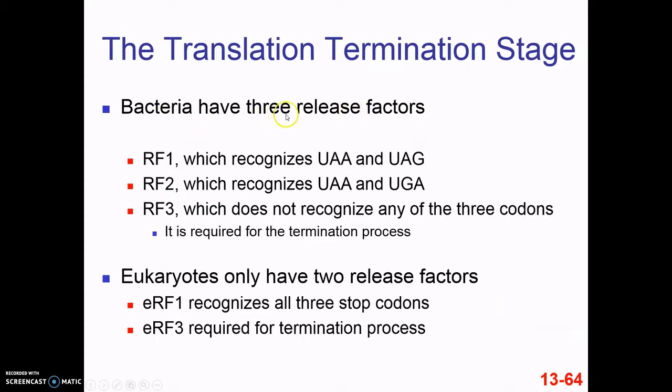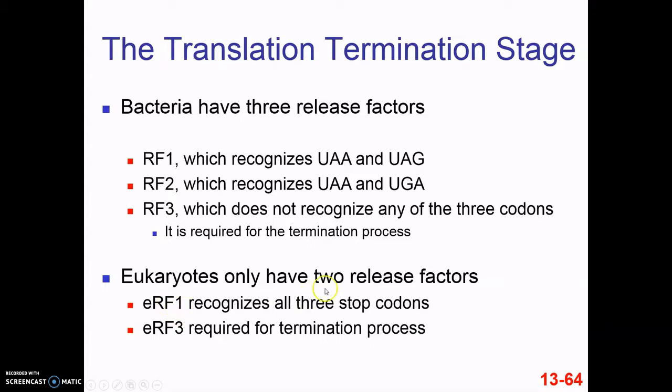So in bacteria, we have 3 release factors. There is release factor 1 and release factor 2, which recognize different codons. There is some overlap on UAA. And then there is an additional release factor, which isn't involved in recognizing the codon, but it is required for terminating the entire process and releasing all of the factors and releasing the ribosome itself.